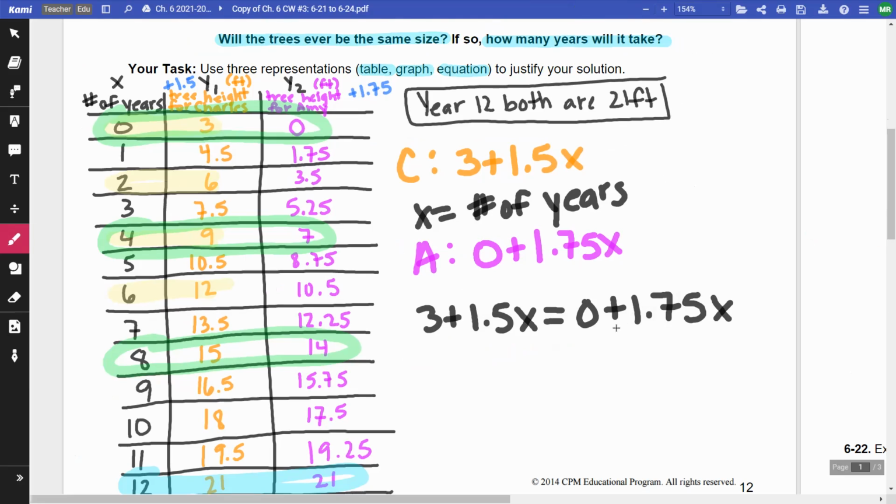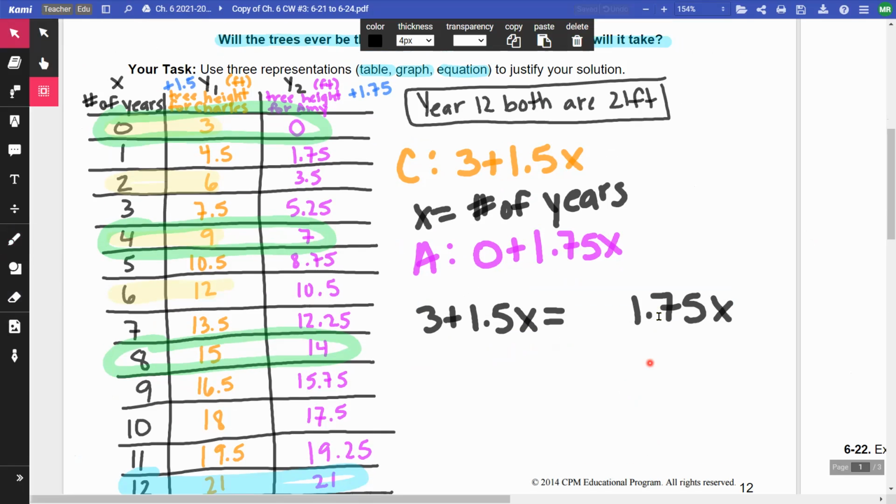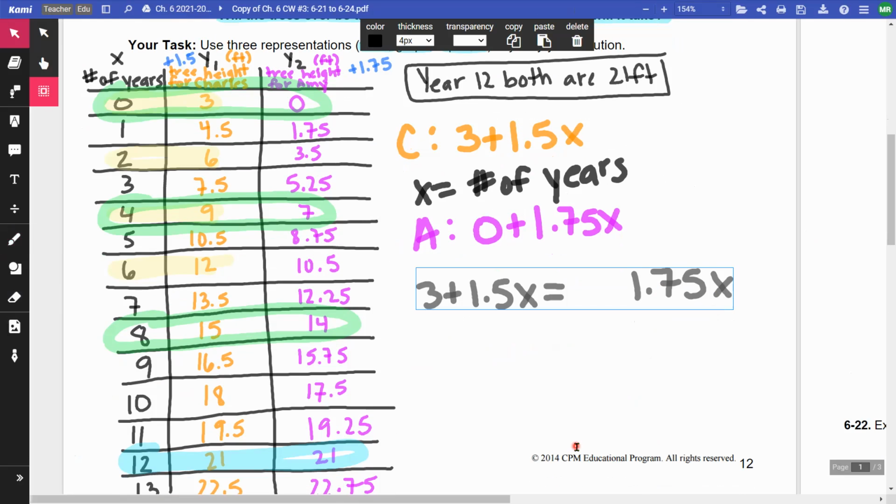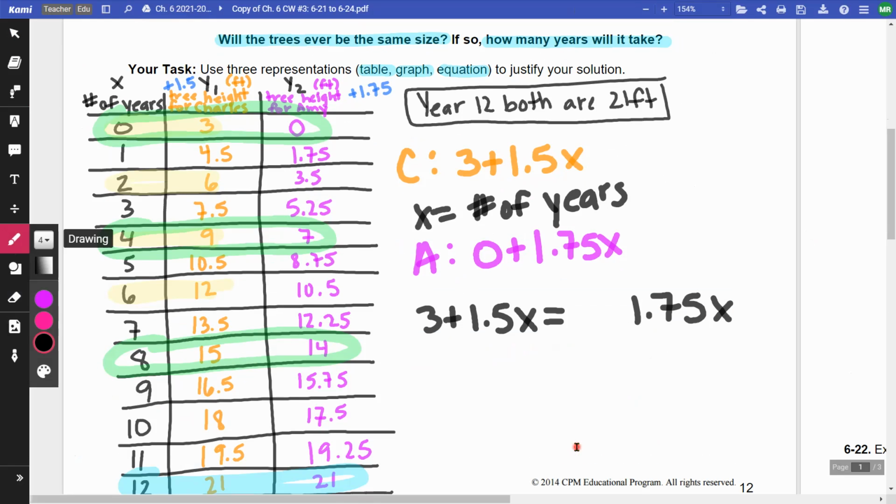Now I really don't need this 0 here because 0 plus anything is gone. So I can just solve this. So that's my equation.